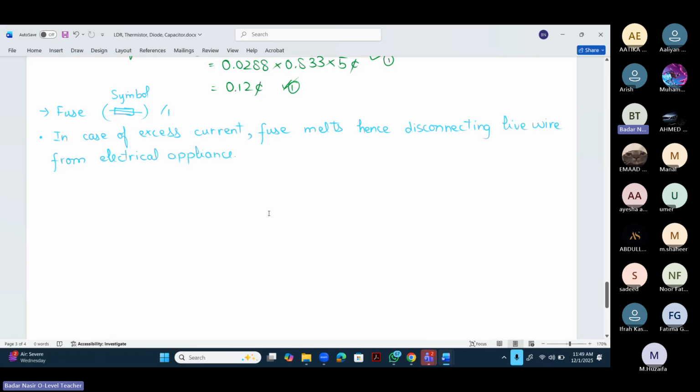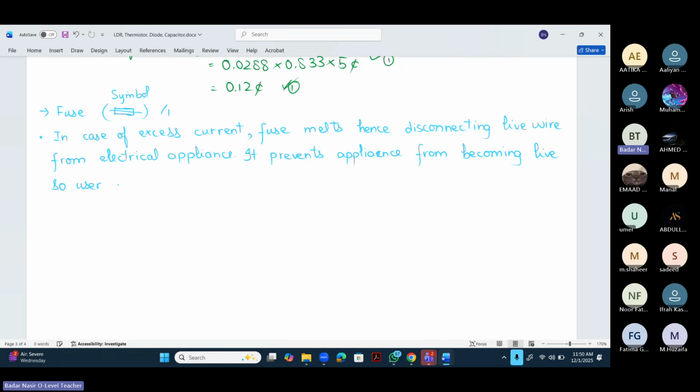Okay, so in case of excess current, the fuse melts, hence disconnecting the live wire from the electrical appliance, aur isse ye hota hai ki it prevents the appliance from becoming live, so the user does not get an electrical shock.